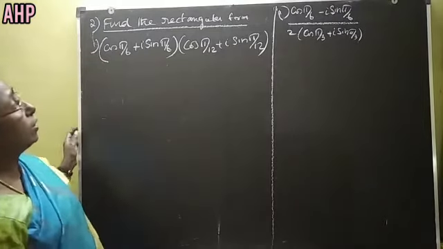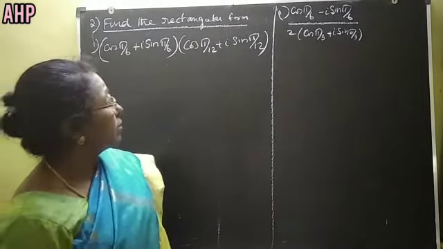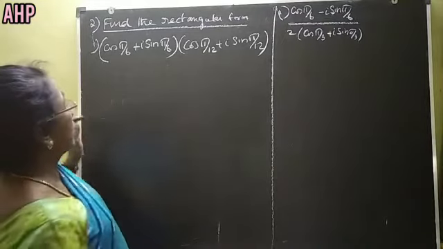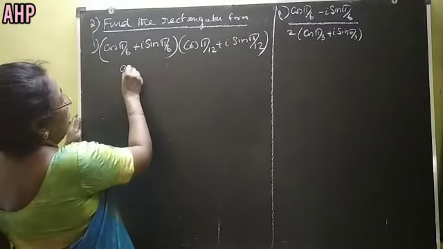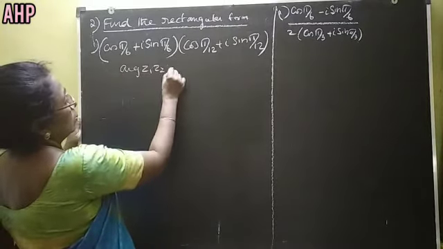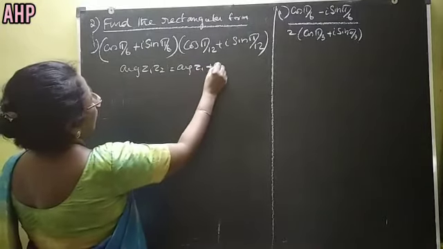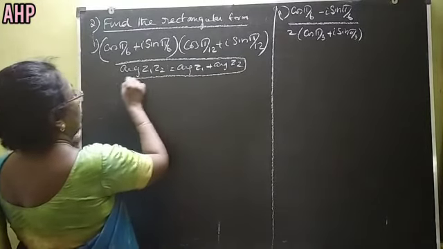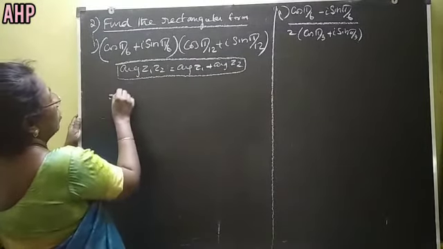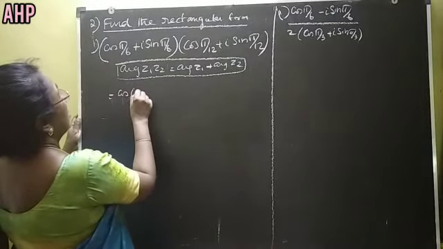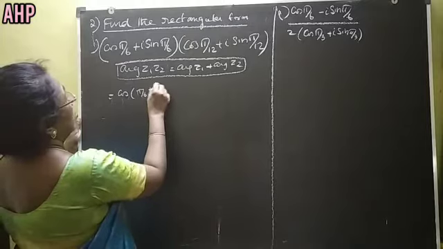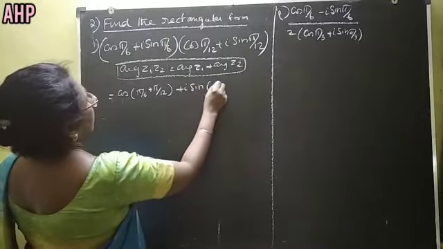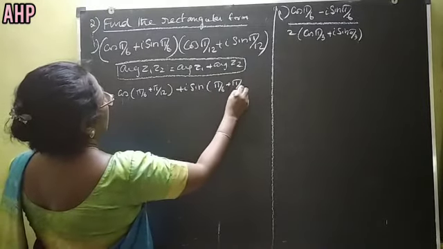Now in the second question, find the rectangular form of (cos pi by 6 plus i sin pi by 6) into (cos pi by 12 plus i sin pi by 12). We are going to make use of the property that the argument of z1 z2 is equal to the argument of z1 plus the argument of z2. So the given expression will be equal to cos (pi by 6 plus pi by 12) plus i sin (pi by 6 plus pi by 12).